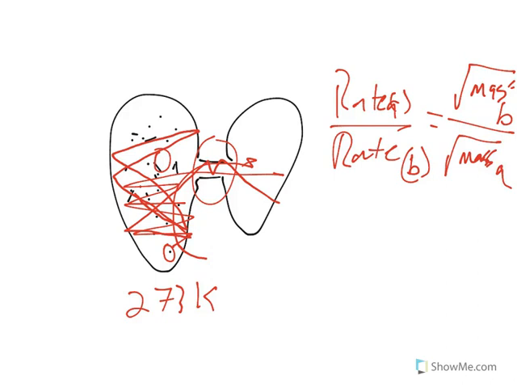Alright, so if you're trying to find out how fast one goes, you basically take the mass of one over the mass of the other. So the rate will be, let's say that this is a particle B right here, and this is a particle A right here. We'll say the mass of A is really tiny.